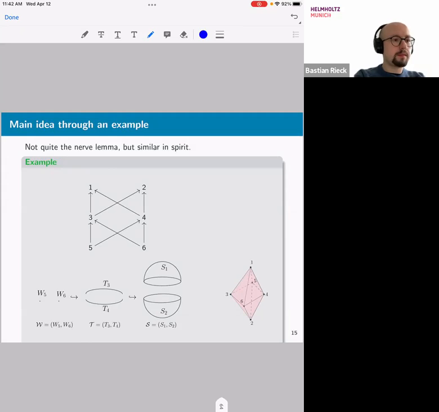And then you look at the simplicial complex associated to the poset, meaning the one whose simplices are all the chains. Then this simplicial complex does have the same homotopy type, and in this case, it actually is homotopy equivalent or even homeomorphic to the sphere.